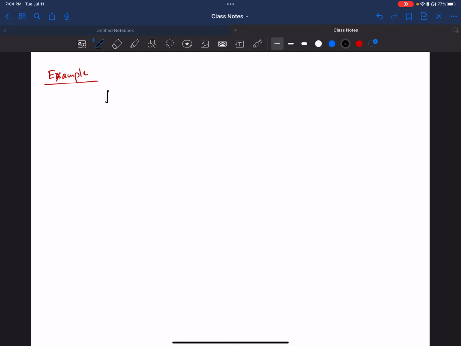This is the example. You are given f of x equals cosine squared x minus 2 times sine x over 4.